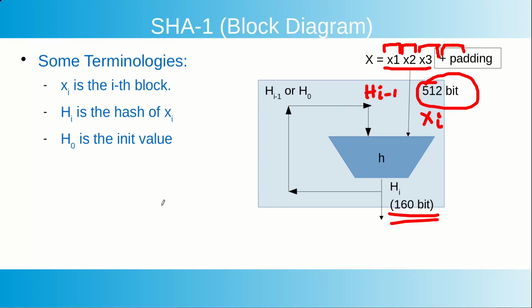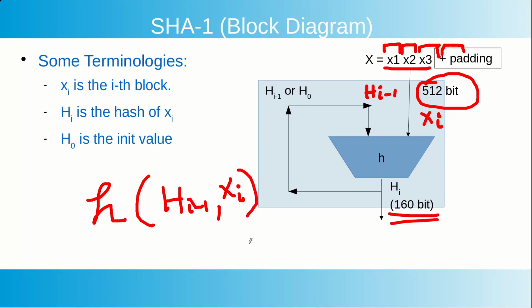So, there are actually two inputs to this hash function. One is h(i-1), the previous hash output, and xi.